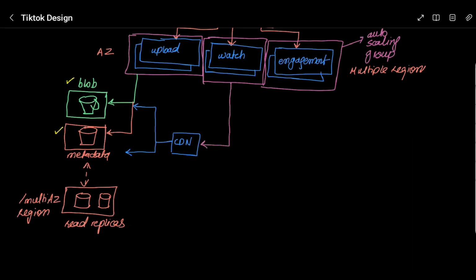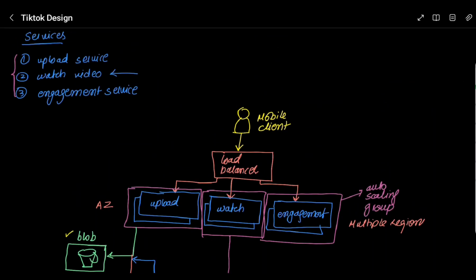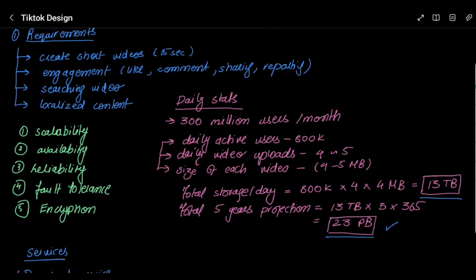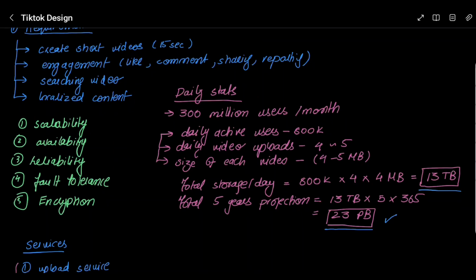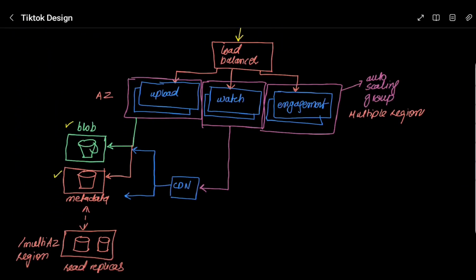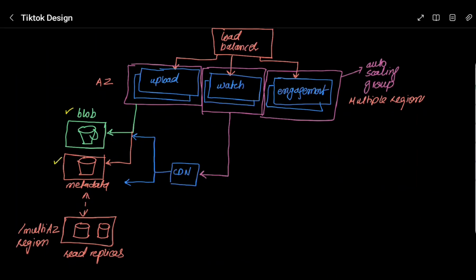Also, we stated that we have a requirement of localized content right over here. Oops, I just went way too far. So yeah, localized content. We can handle this in a very easy manner through our CDNs.